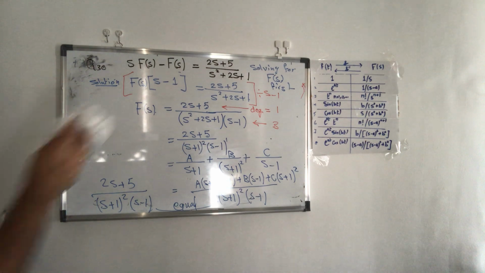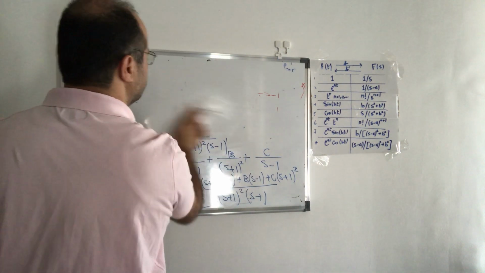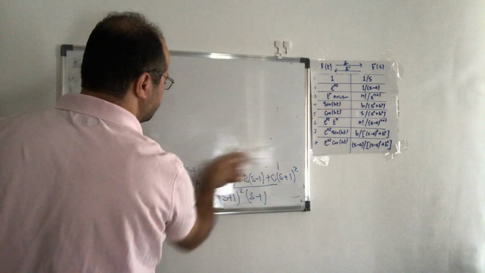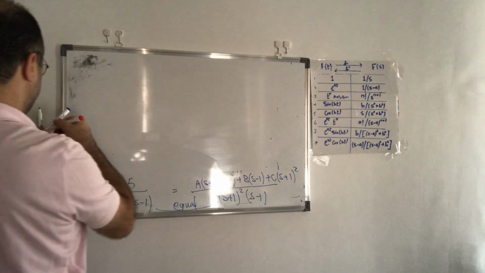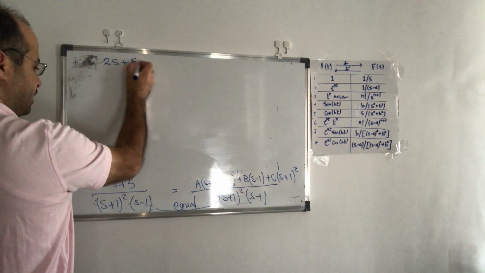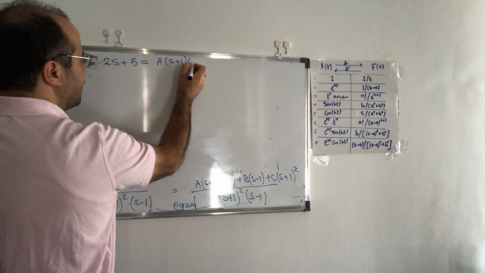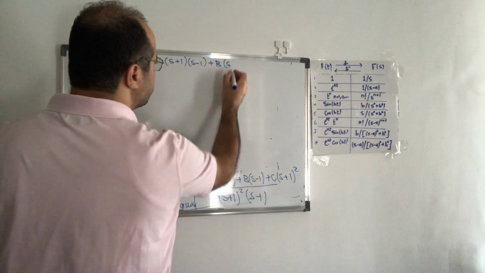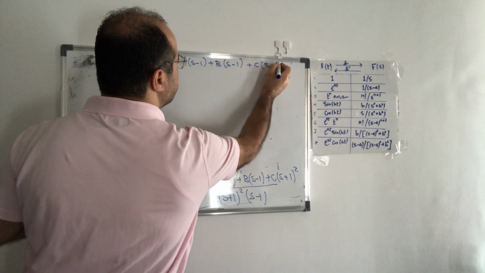Let me show you this. Then we're going to have 2s plus 5 equal to A times (s plus 1)(s minus 1), plus B times (s minus 1), and then plus C times (s plus 1) squared.